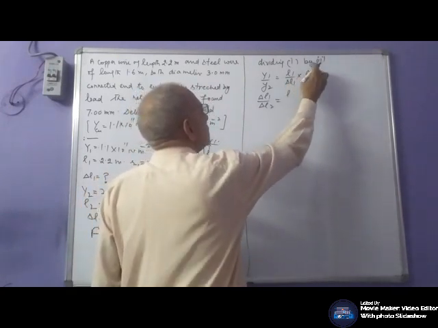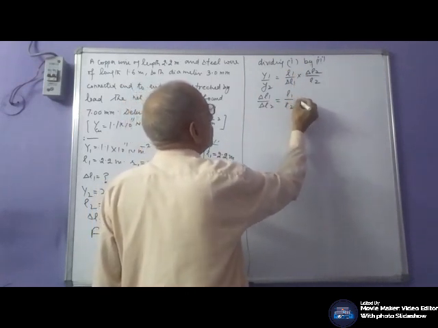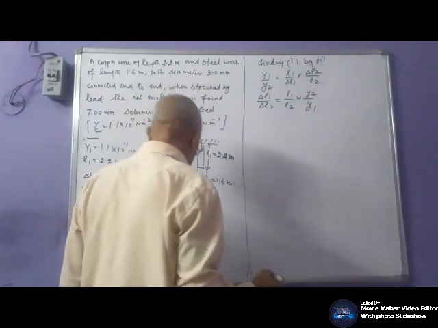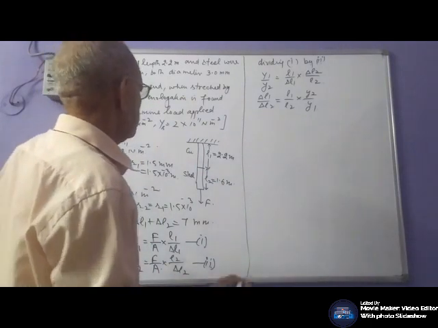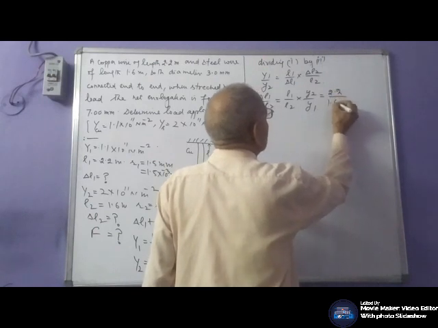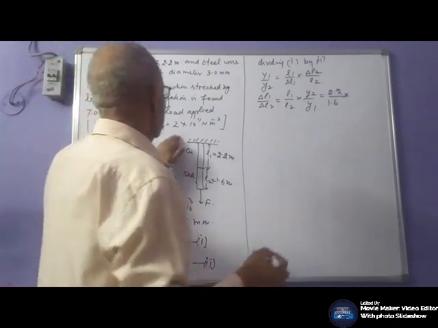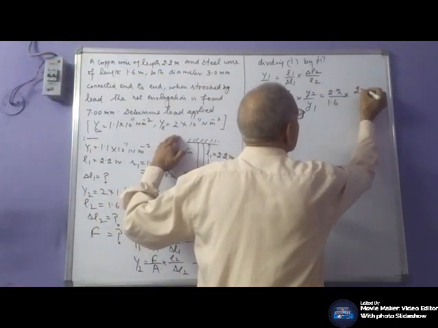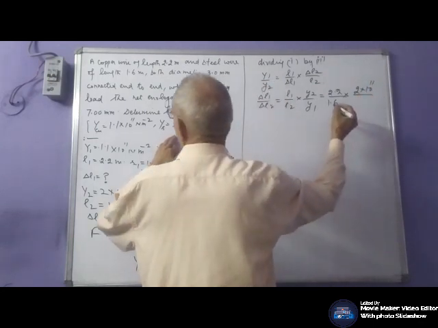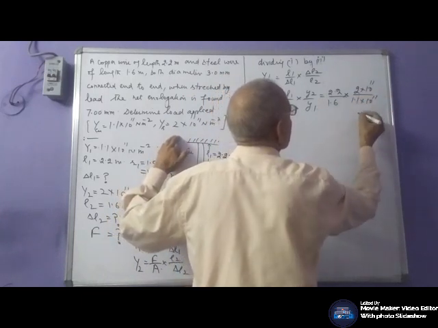Take these things to this side: L1 L2, Y2 by Y1. L1 it is 2.2, L2 it is 1.6, Y2 for this, 2, 11, it is 1.1, 11.